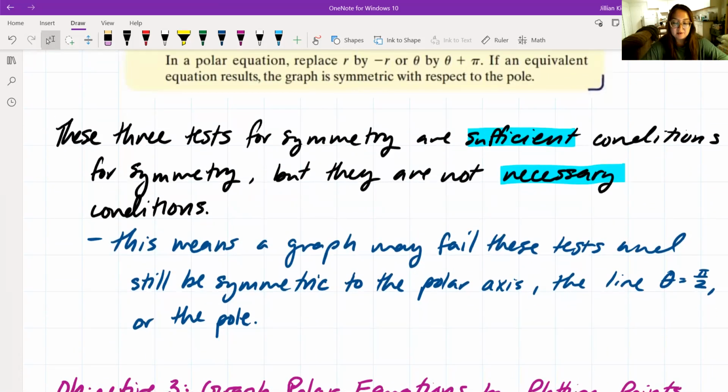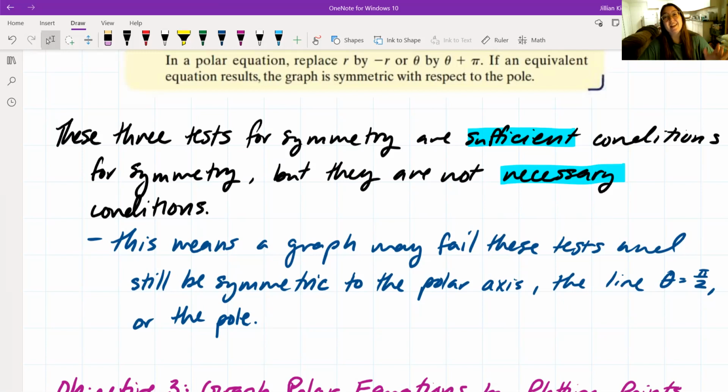These three tests for symmetry are sufficient conditions for symmetry, but they are not necessary conditions. This means that a graph may fail these tests and still be symmetric to the polar axis, the line theta equals pi over 2, or the pole. If one of these tests comes out positive, then we know for a fact that it is going to be symmetric about that polar axis, line, or pole. If none of these tests come out conclusive, meaning they all fail, then it's up for debate.